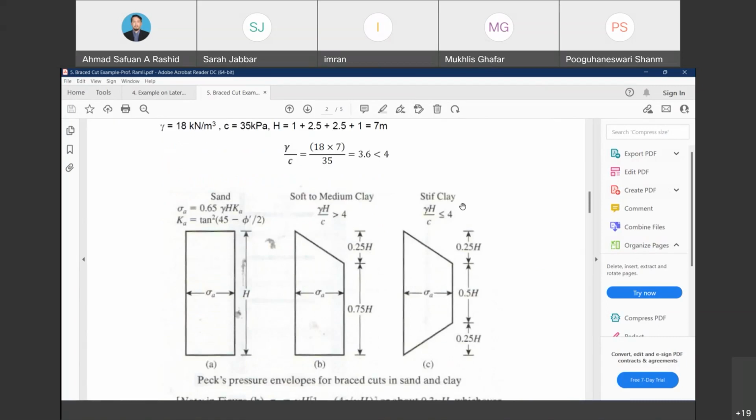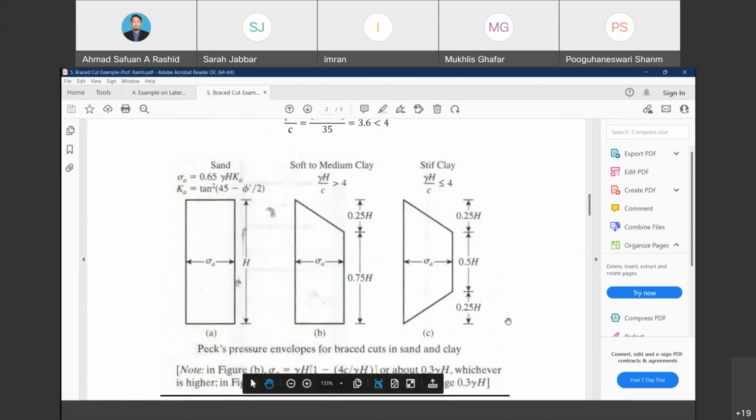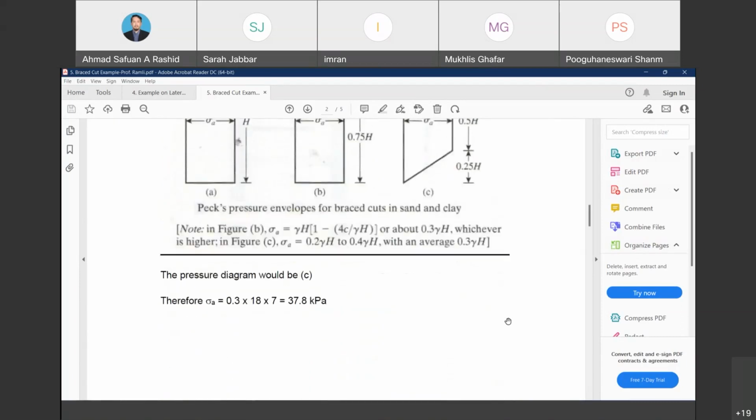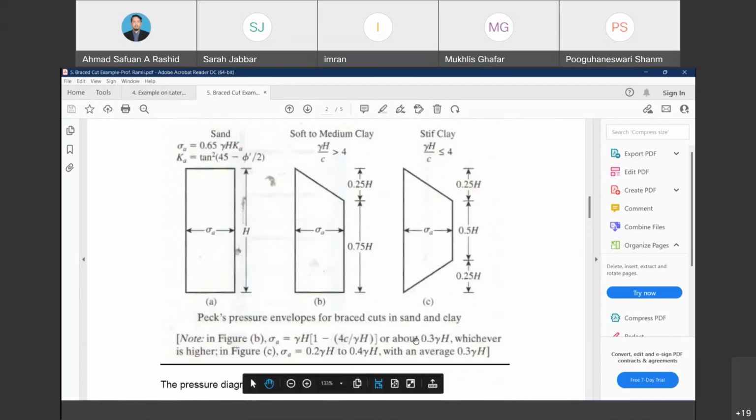For the stiff clay, we should use this apparent distribution diagram. So the pressure will be 0.3 times 18 times 7, which is equal to 37.8.